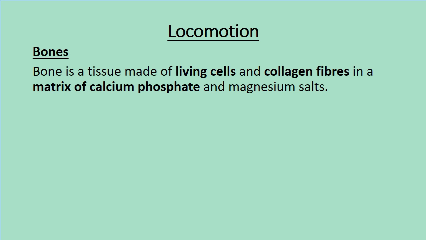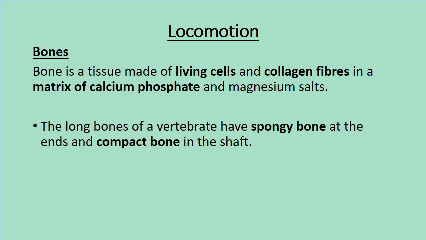The chemicals that make up bones and cartilages are the same. The difference is that in cartilages, the living cells and collagen fibers are suspended in the chondrin matrix. Well, for bones it's in the matrix of calcium, phosphate, and magnesium salts.